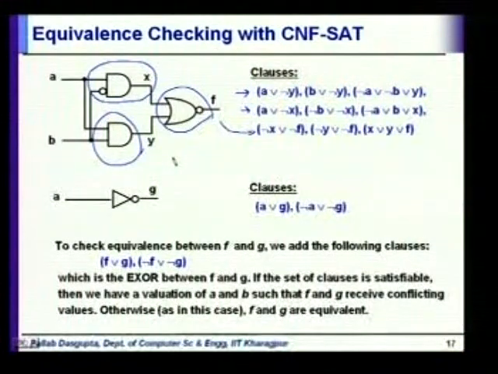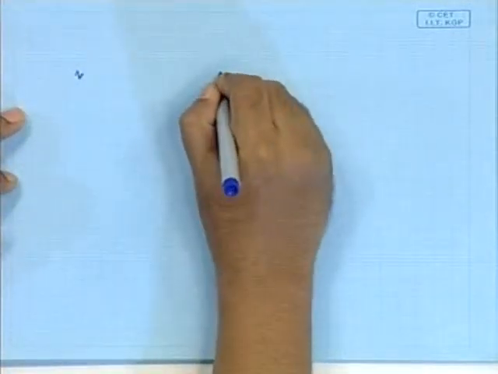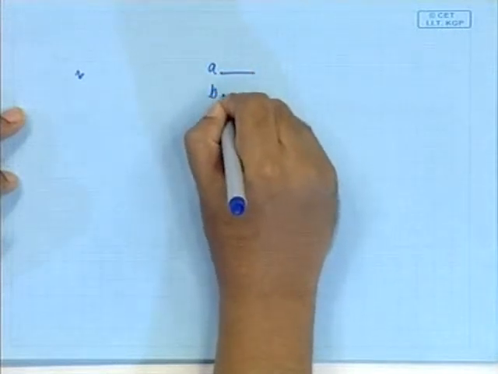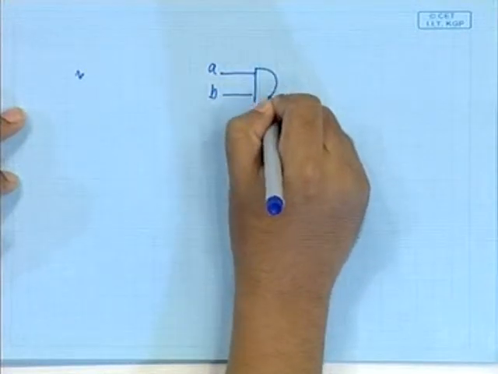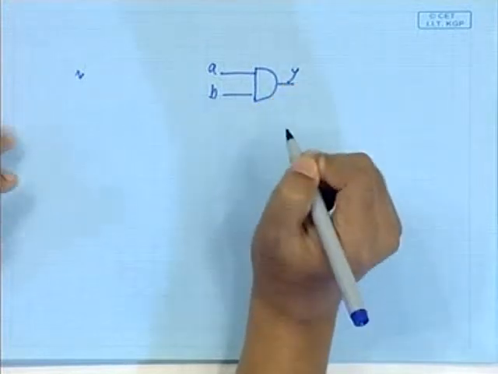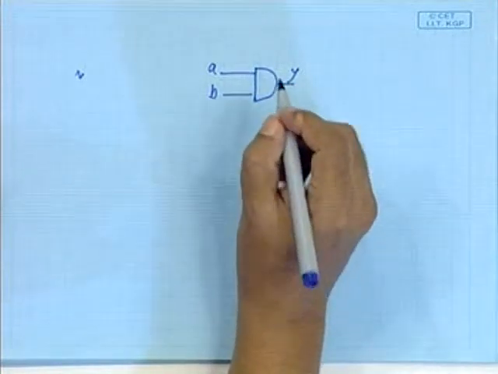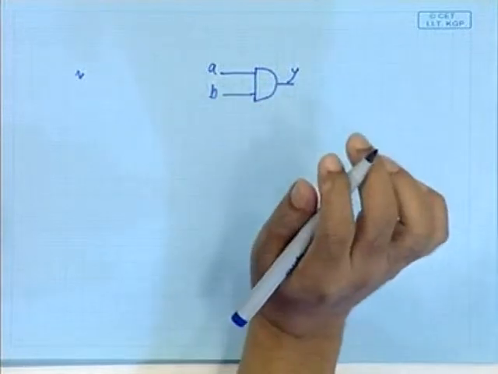How is y equal to AB represented by these clauses? This is very simple. The function that I am writing here is y XNOR A and B. I have A, B going into an AND gate, and this is y. I am trying to tell the SAT solver what the relation between y, A and B is.